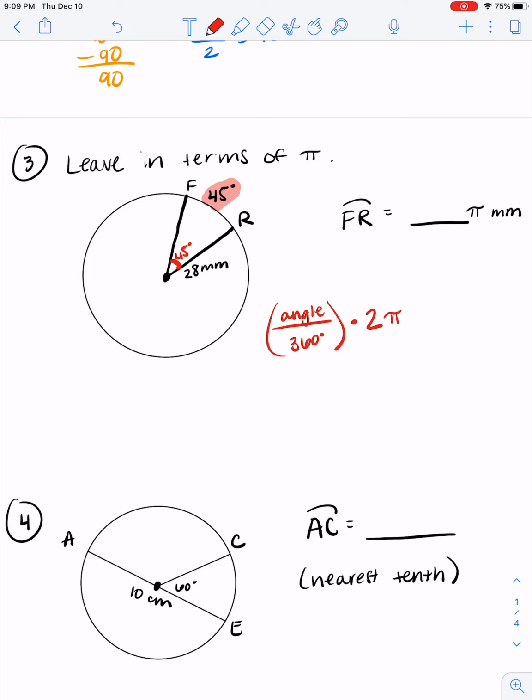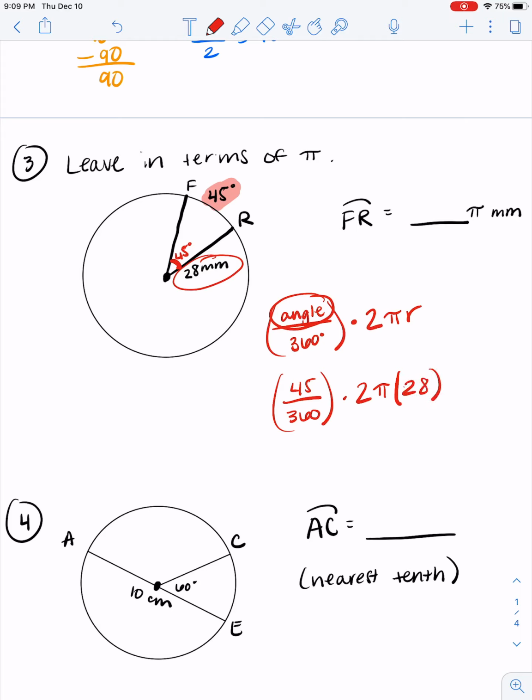So we do 2 pi r, which is circumference, okay? So for us, we're gonna put in our angle, which is 45 degrees. So I'm gonna say 45 over 360 times 2 pi, and then my radius is right here, 28 millimeters, okay?